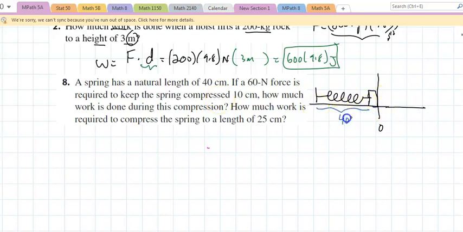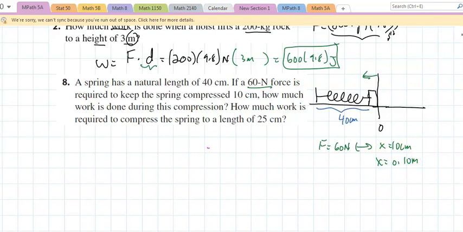A force of 60 newtons is required to keep the spring compressed 10 centimeters. X is 10 centimeters, that would be 0.10 meters.